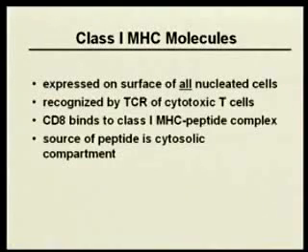Again, this is kind of a repeat, but the source of the peptide expressed with the MHC molecule is always cytosolic. So it's derived from the cytosol. So again, if a virus infects the cell, that viral particle will be expressed with MHC class I.